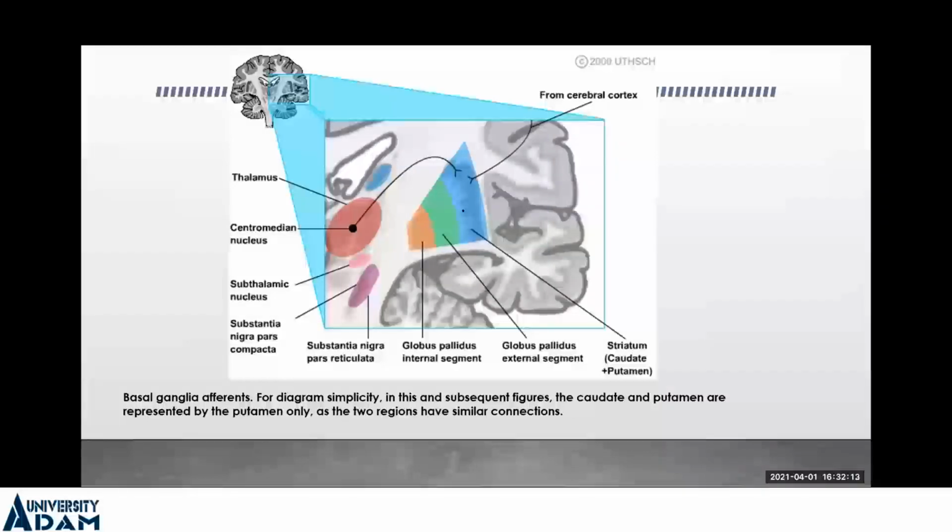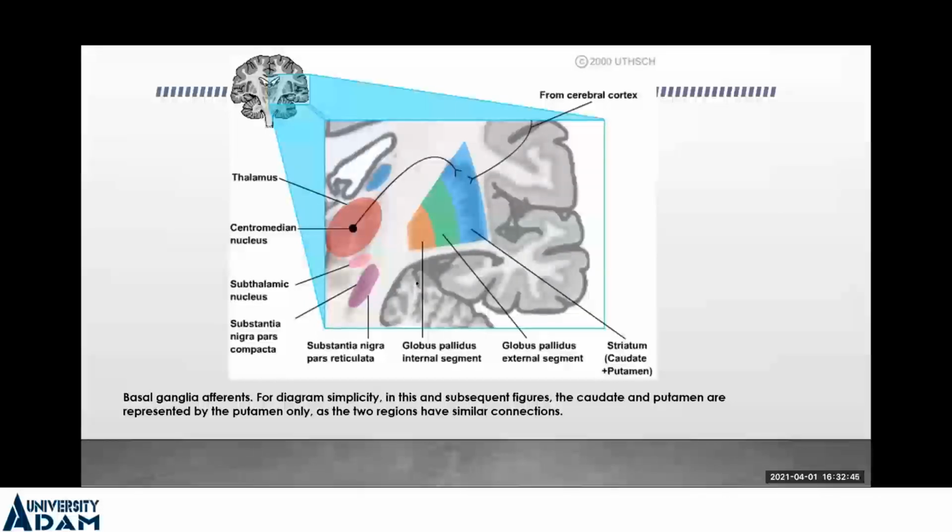The frontal lobe projects predominantly to the caudate head, and the temporal lobe projects to the caudate tail, okay? And the primary motor cortex and the primary somatosensory cortex project mainly to the putamen, whereas the premotor cortex and supplementary motor areas project to the caudate head, okay?